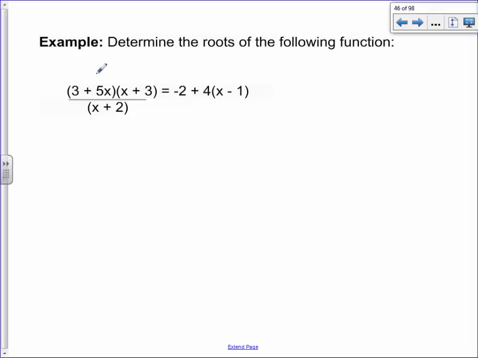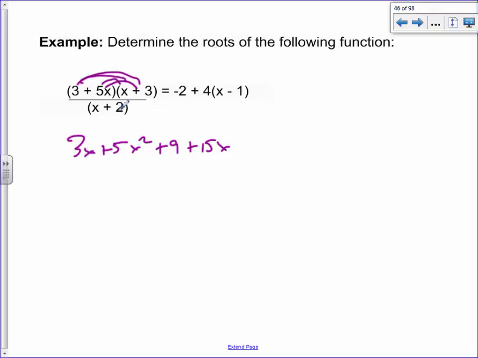So right here we've got, let's see, there'll be a 3x, right? There'll be a 5x squared. There's going to be a 9. What did I miss? This one here. 5 by 3, 15x. What else can I FOIL?